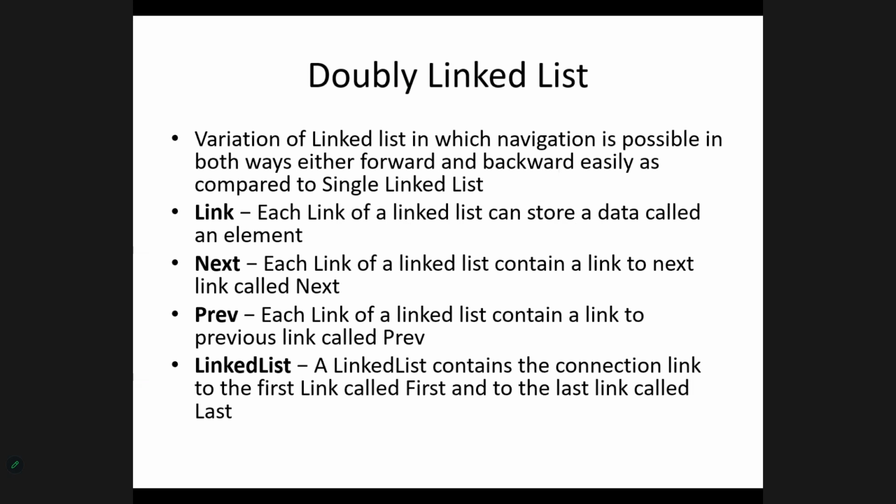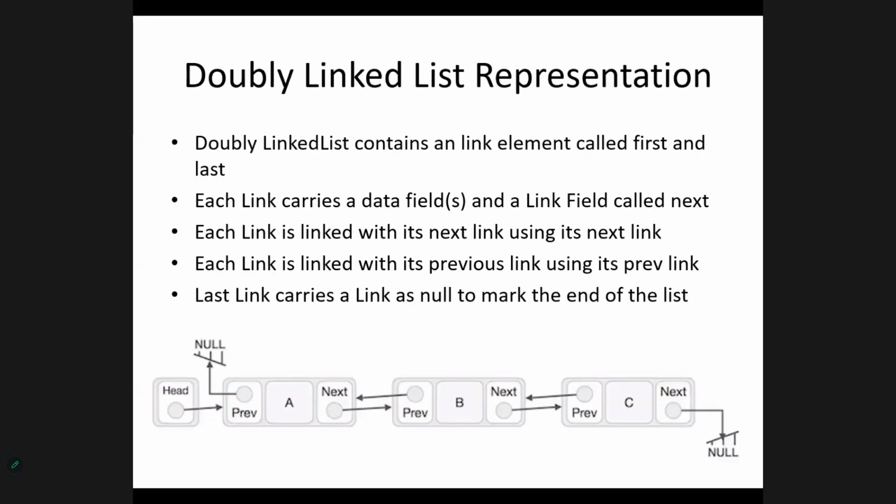So in the double linked list, there are two references, next and previous. Here you can see containers, right? In this example, there are three containers. Let's look at one container.